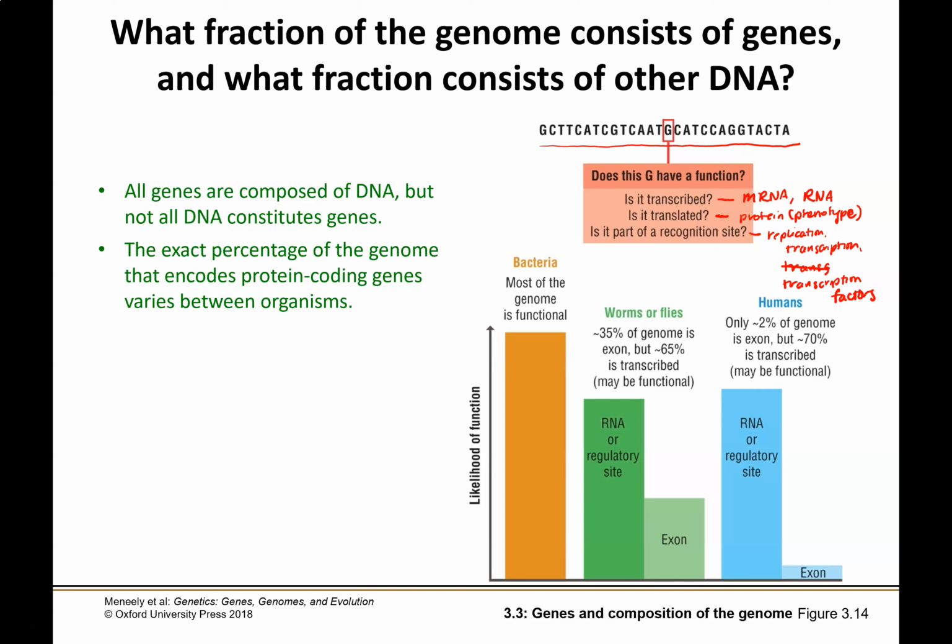In eukaryotes, though, we have a bit of a different story. So in eukaryotes, we often have parts of the genome called exons. These are expressed portions of the genome. That means we get a code for a protein and therefore a phenotype. And then we have other regions that are transcribed but not necessarily expressed.